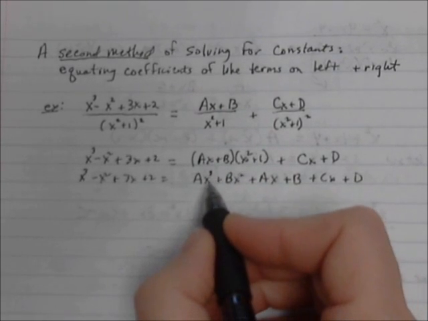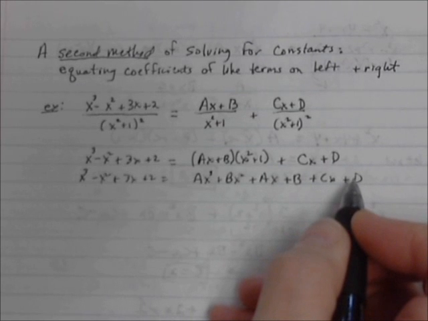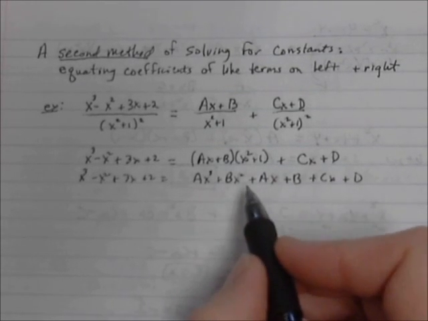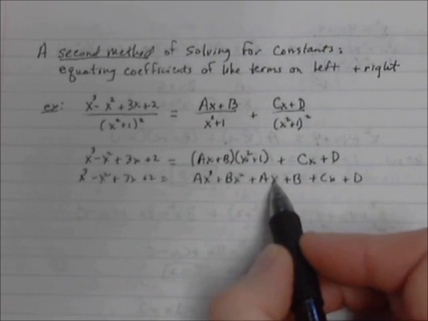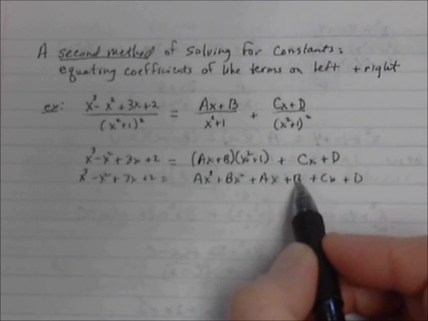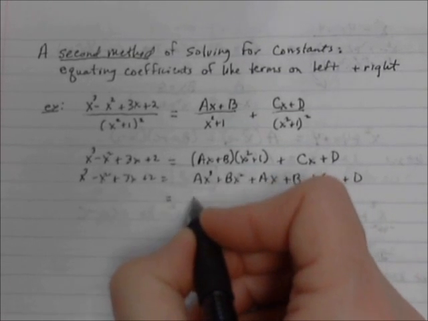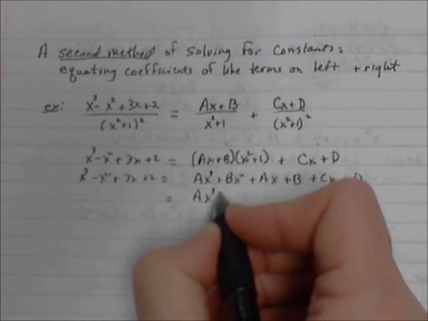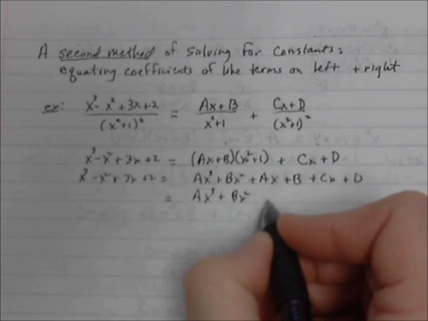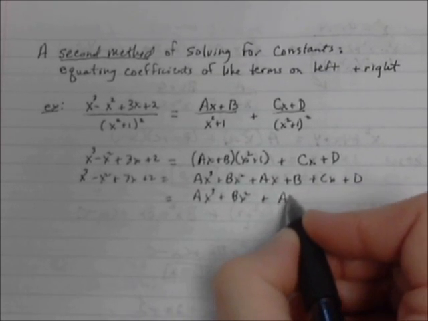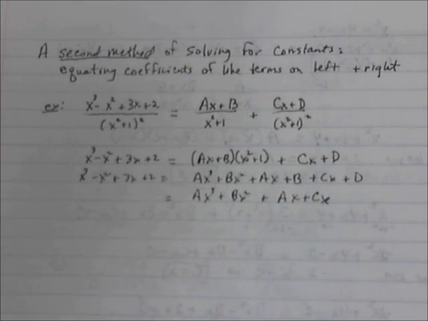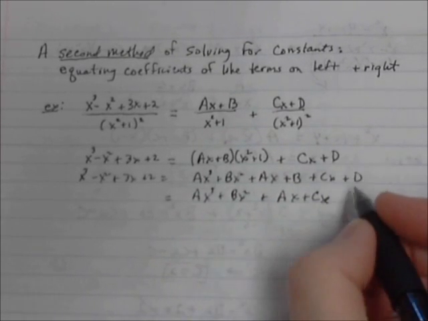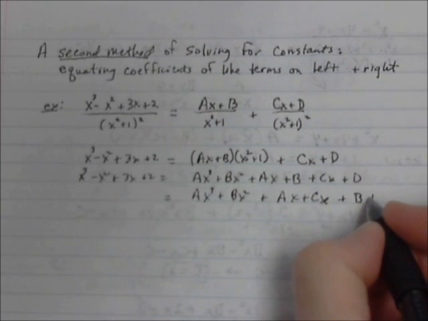Now what we're going to do is arrange these terms in almost like standard form, having the x cubes come first, x squares come second. Now we're going to have to move the cx next to the ax, so we're just going to interchange these two terms. Ax cubed plus bx squared plus ax plus cx, those two are like terms, and we're going to factor the x out of that, plus b plus d.